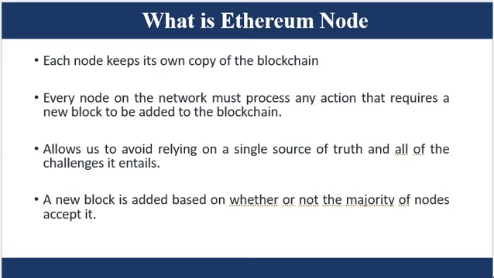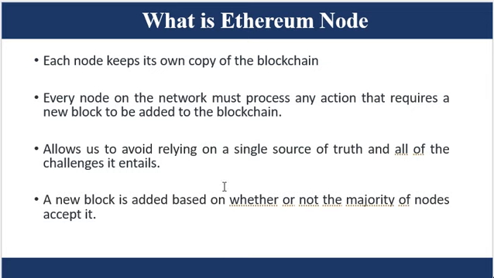This network of continually communicating nodes allows us to avoid relying on a single source of truth, and all of the challenges that entails. A new block is added based on whether or not the majority of the nodes accept it. Okay. So that is what an Ethereum node is.